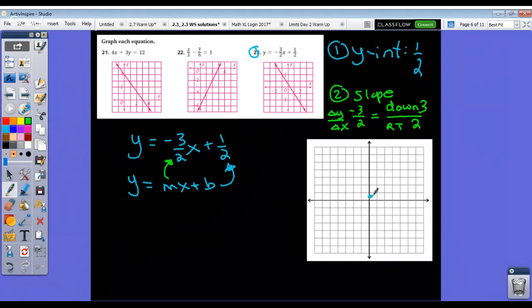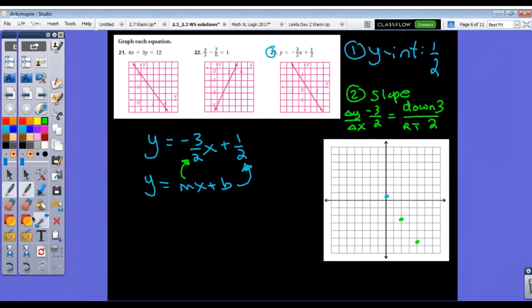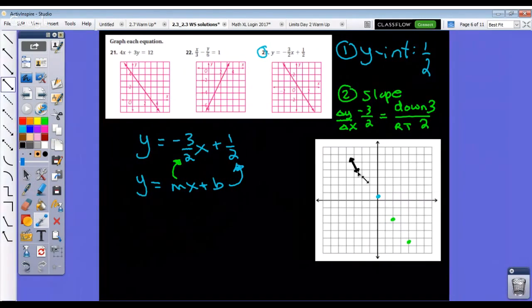From my y-intercept, I'm going to go down 1, 2, 3, and to the right 2. Notice that we are still green. I can do it one more time: 1, 2, 3, to the right 2. Once you get 2 or 3 points, I'll grab my line and connect them to form a straight line.